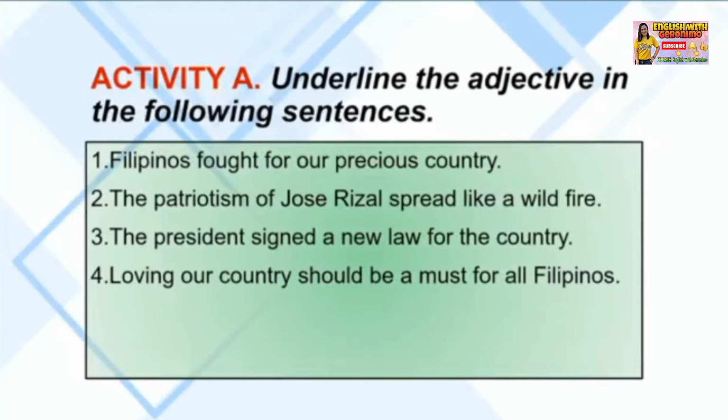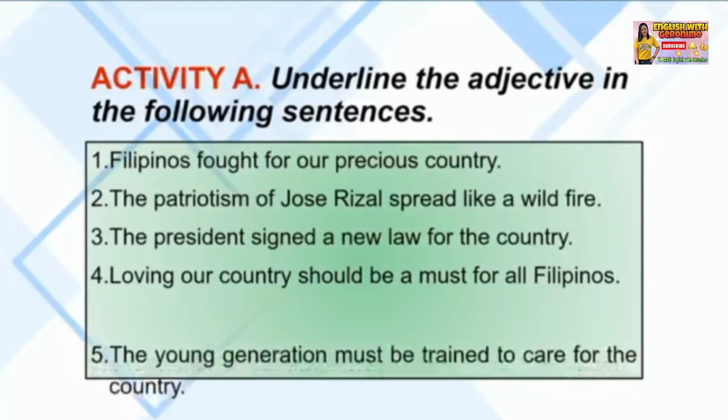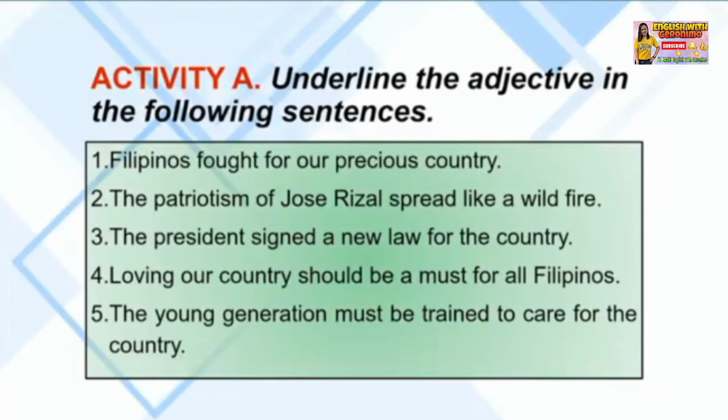Loving our country should be a must for all Filipinos. And 5. The young generation must be trained to care for the country. The correct answers are precious, wild, new, all, and young.